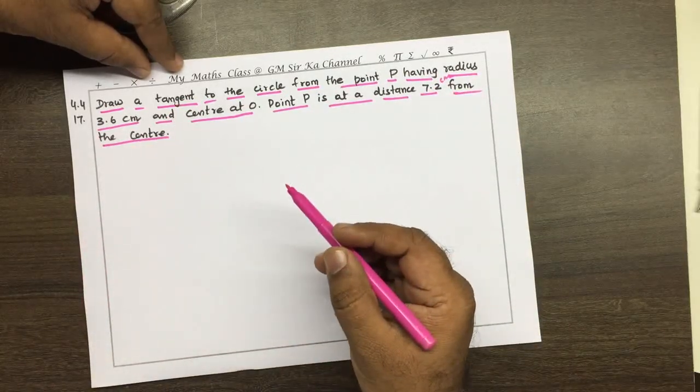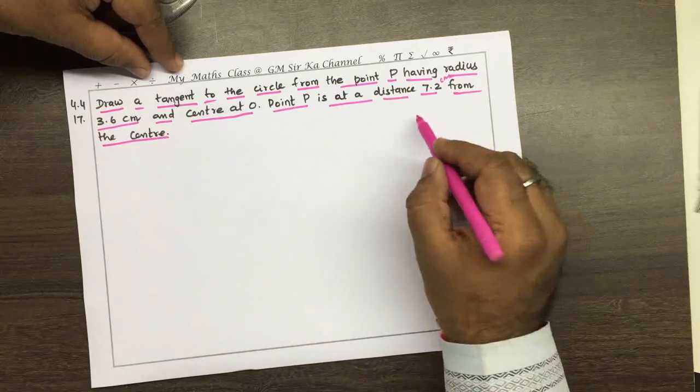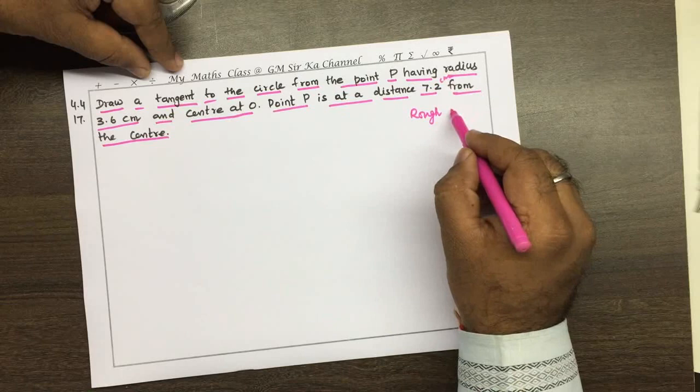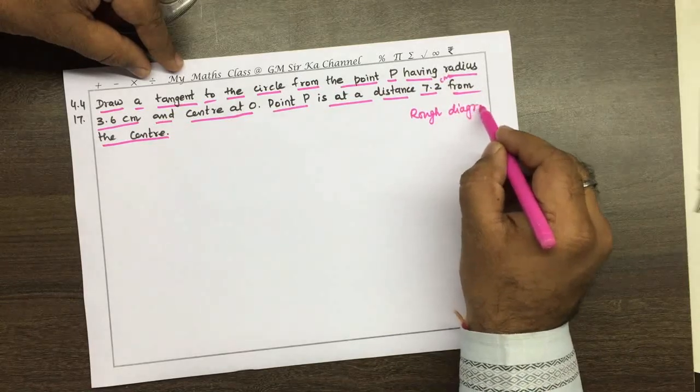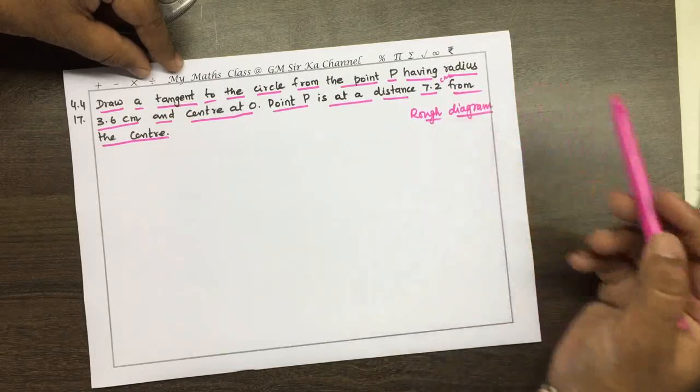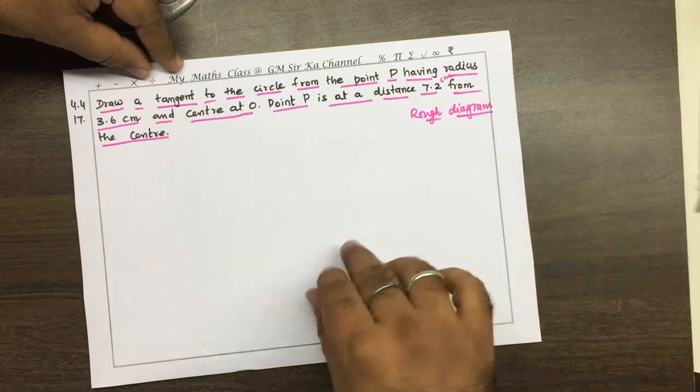So first of all we must draw the rough diagram. Always we have to draw the rough diagram to get a clear idea of the fair diagram.